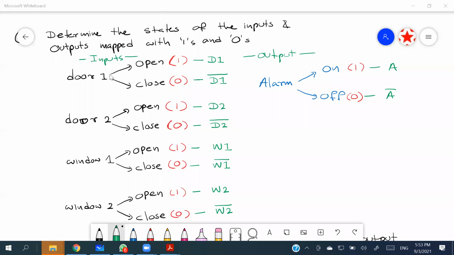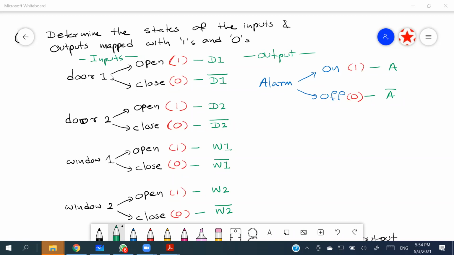That's the general way that we are going to consider, right? Likewise, for each and every door and window, we have determined the states, in this case only the open and closed states. They are represented by their corresponding variables, right?